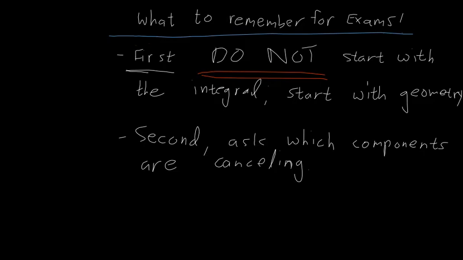There should be components that are canceling. If it's not the x, it's the y. That question is going to save a ton of time and a ton of marks. These two things are fundamental for understanding the electric field of a continuous charge distribution.